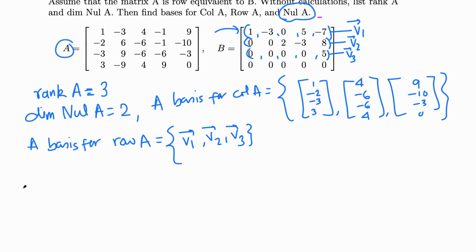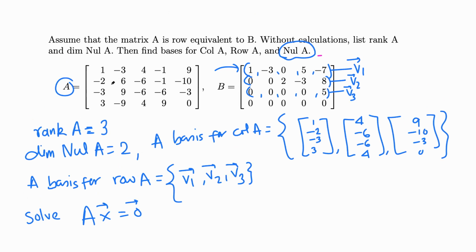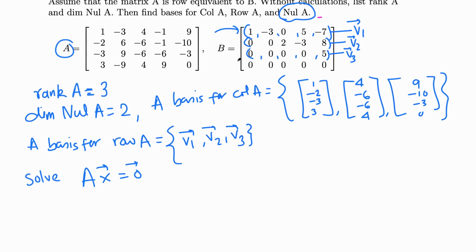And we need to find basis for null A. To find a basis for null A, we need to solve AX equals 0. So we're going to find the vectors that are mapped to the 0 vector. To solve AX equals 0, we always row reduce, which is B in this case.